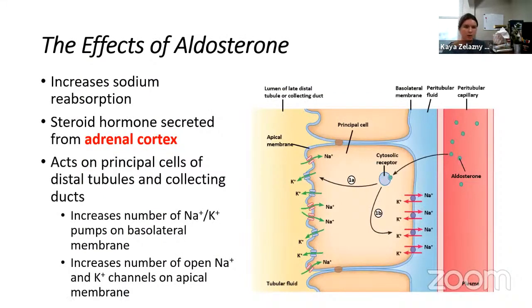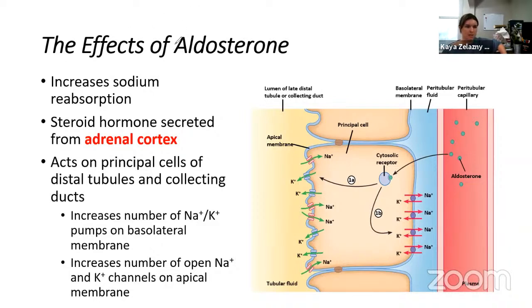Ultimately, we are going to be focusing on the effects of aldosterone and how it influences how much sodium is getting reabsorbed. And also, conversely, we'll talk at the end of this lecture on how much potassium is being secreted, right? Because we're having opposite action of these two ions. Okay.